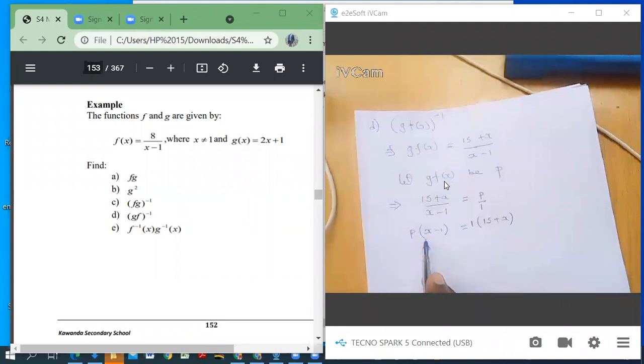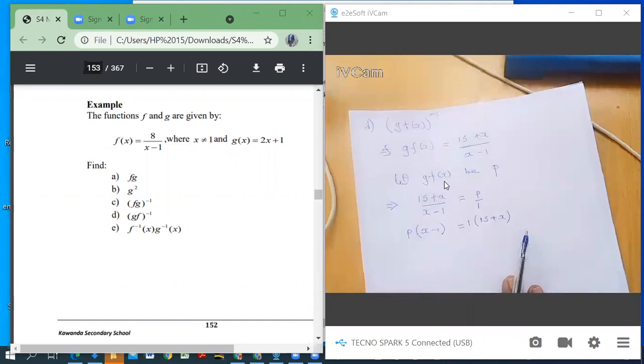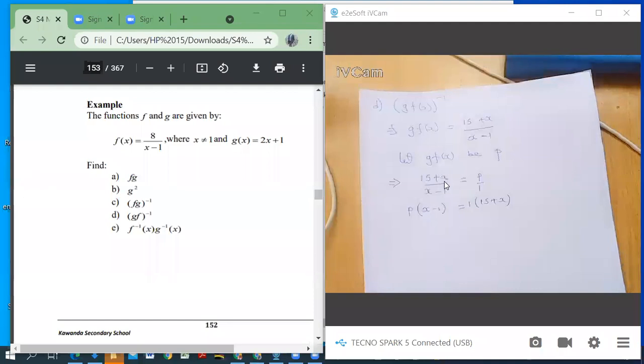Remember, our interest is to make x the subject. Now we have x on both sides, on the left and on the right. We said when we want to make something the subject, it must appear only once, and only on one side of the expression.